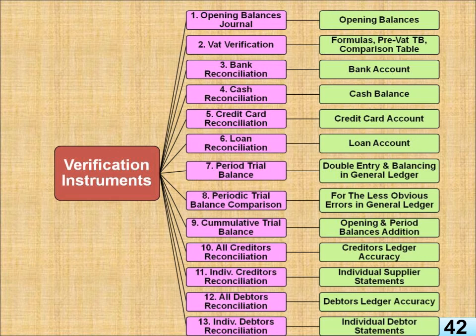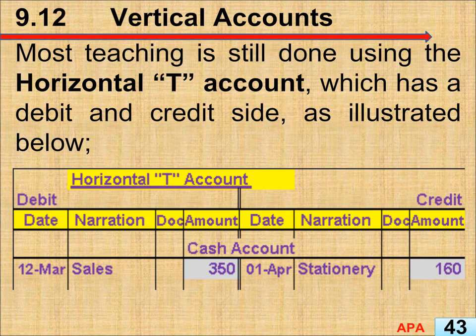We have the creditor's reconciliation, to confirm the accuracy in the creditor's ledger. 11. We have the individual creditor's reconciliation, to confirm the accuracy against a supplier statement. 12. We have the debtor's reconciliation, to confirm the accuracy in the debtor's ledger. 13. Individual debtors' reconciliation is not common since businesses rarely get statements from debtors.